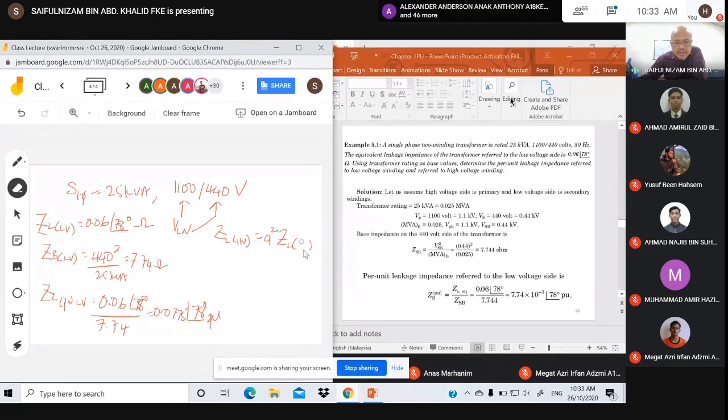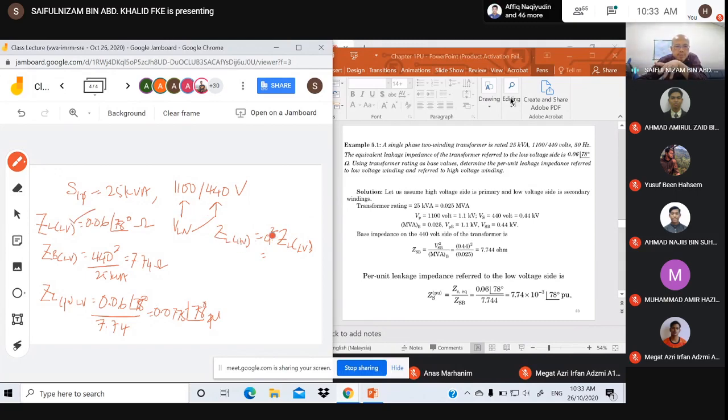This one is the LV, low voltage side, ZL at the LV side. So you bring the secondary quantity, or the LV quantity, to the primary.